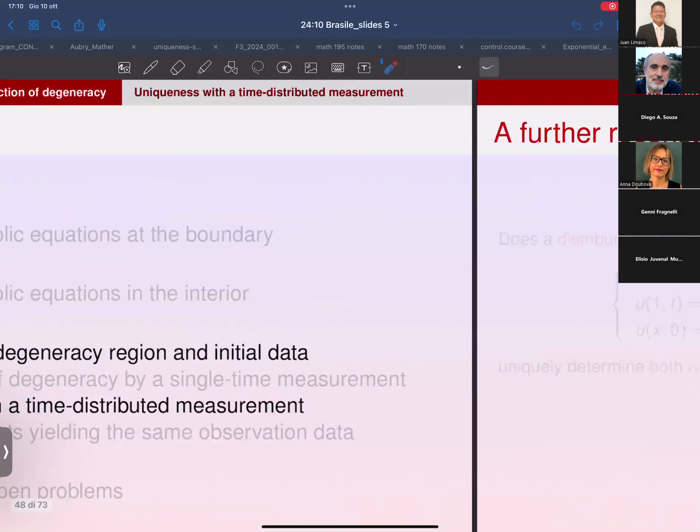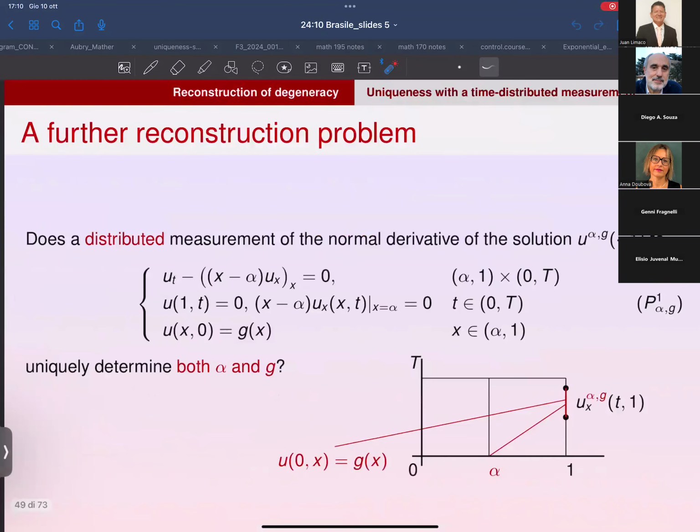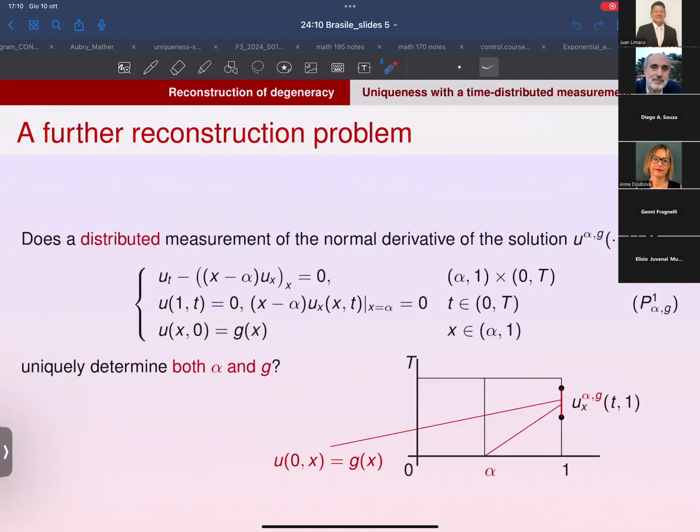Now, what about determining not only the degeneracy, but also the initial condition? Again, if we want to determine both a scalar and a function on alpha 1, we may want to take a richer measurement.